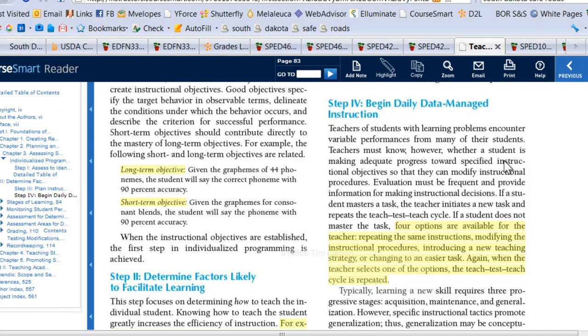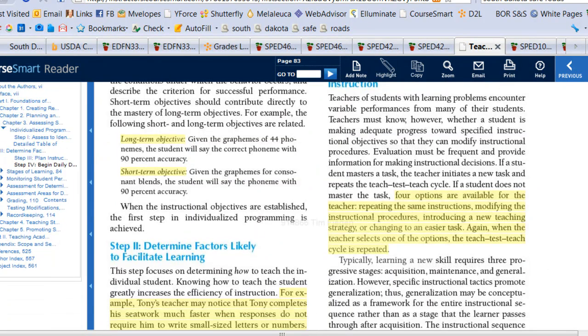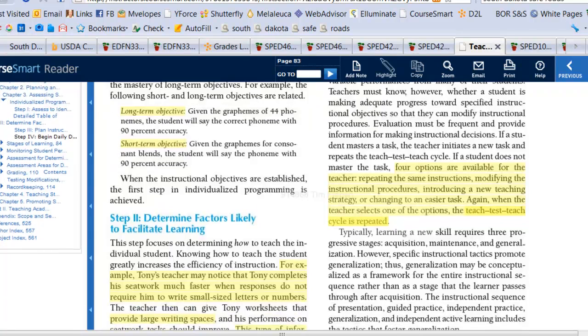But how do you know this unless you have data? So you do this analysis, and then what are those available options? Same instruction, modify your instruction, introduce a new teaching strategy, or make it an easier task. And once you change those things, then you go back to this teach, test program.